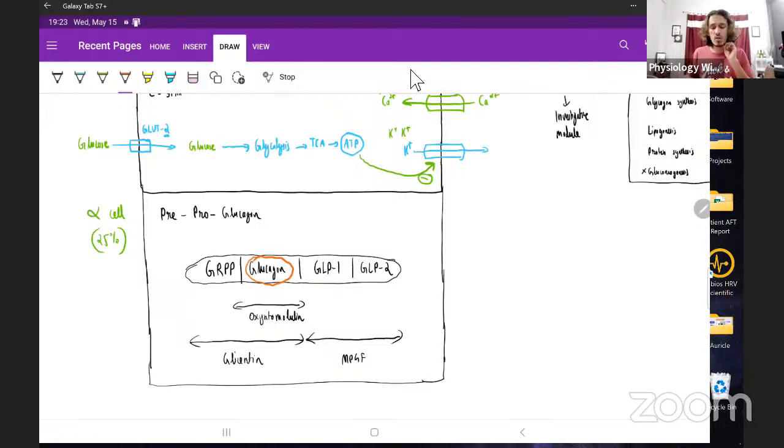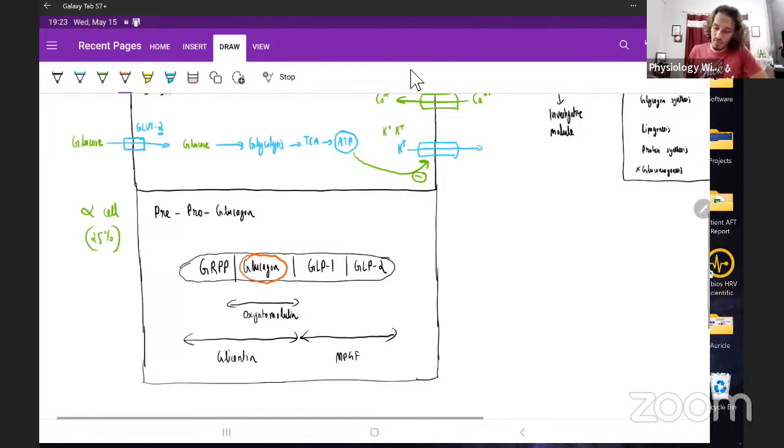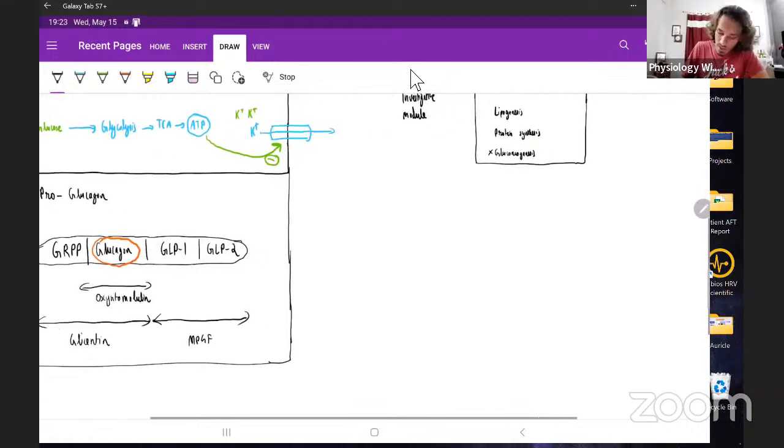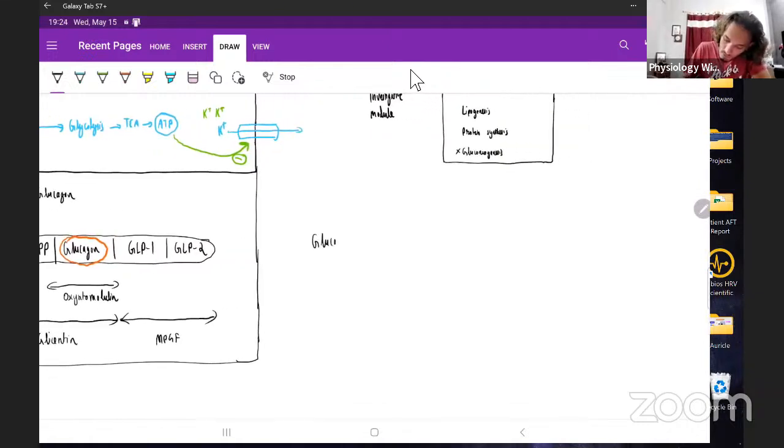So what does glucagon do? Glucagon does the exact opposite. It's part of your counter regulatory system. But its major function is one, gluconeogenesis. So that way it tries to increase the blood glucose.